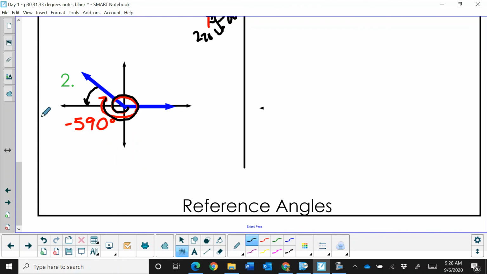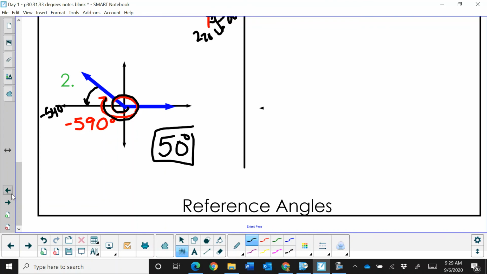Well, if you count this as negative 540, because that's what we just counted it by 90s, right? 90, 180, 270, 360, 450, 540. How far past are we? We're 50 degrees. So the reference angle on this one is 50 degrees. So those can be the trickiest.